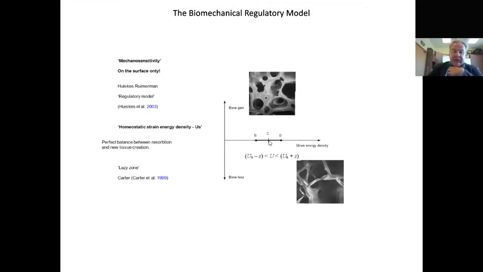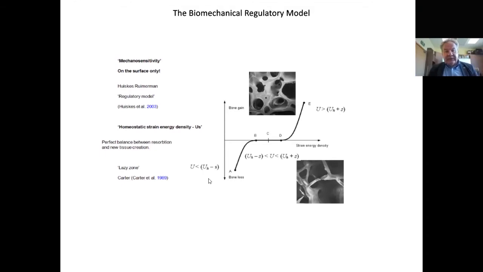If we change the mechanical stimulation a little bit, in the direction of higher strain energy density or in the opposite direction, this little change is called the lazy zone. Everything that happens in these two positions is assumed to be the homeostatic value of this bone remodeling. If we have higher strain energy, like this, we can observe bone gain. And if we have lower energy, we will observe bone loss.